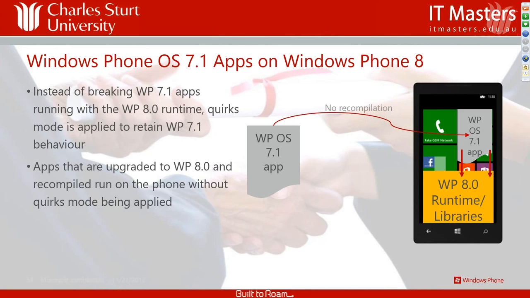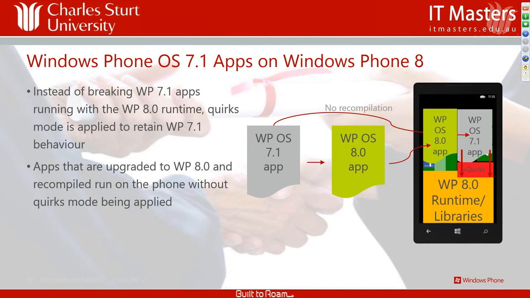So what we're actually seeing is that Windows Phone 7 apps run in a quirks mode, which basically forces certain behavior to make sure that Windows Phone 7 applications, without a recompile, will just run as expected. Microsoft's done a lot of work to make sure that for the majority of apps that's the case. Windows Phone 8 applications, clearly, just run directly against the Windows Phone 8 runtime.